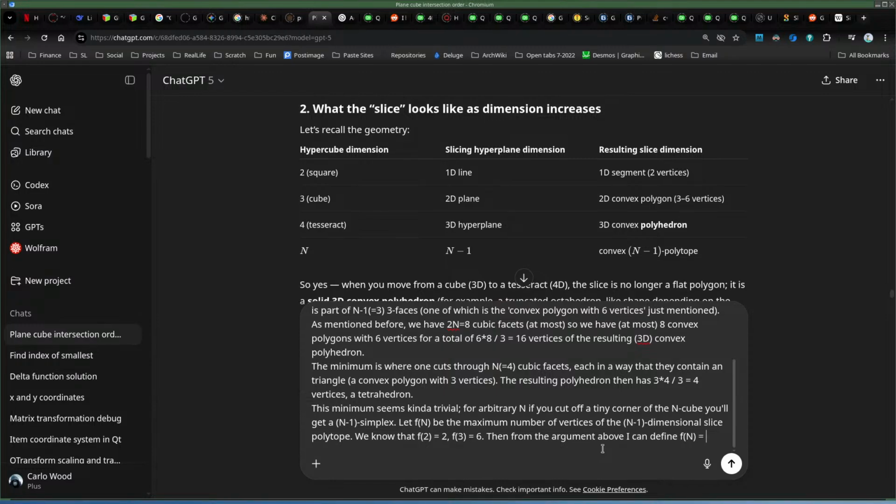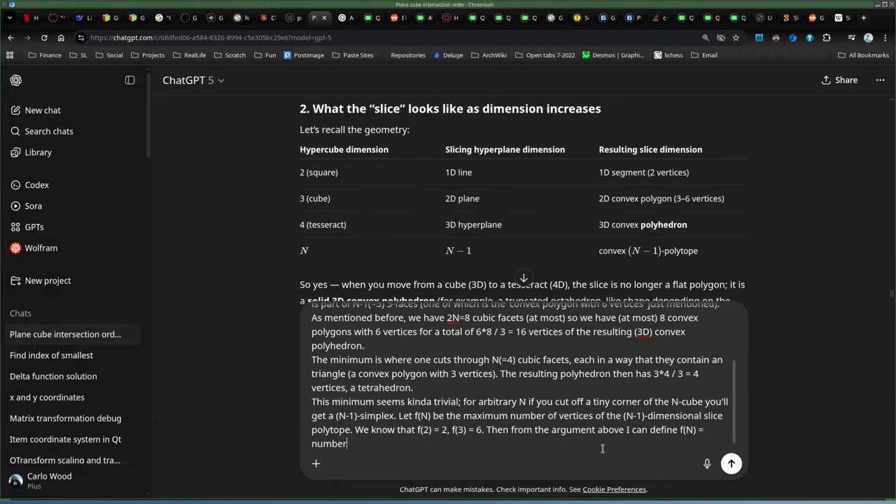Is number of facets times, so I assume you cut through all facets, times f of n minus 1 divided by n minus 1.